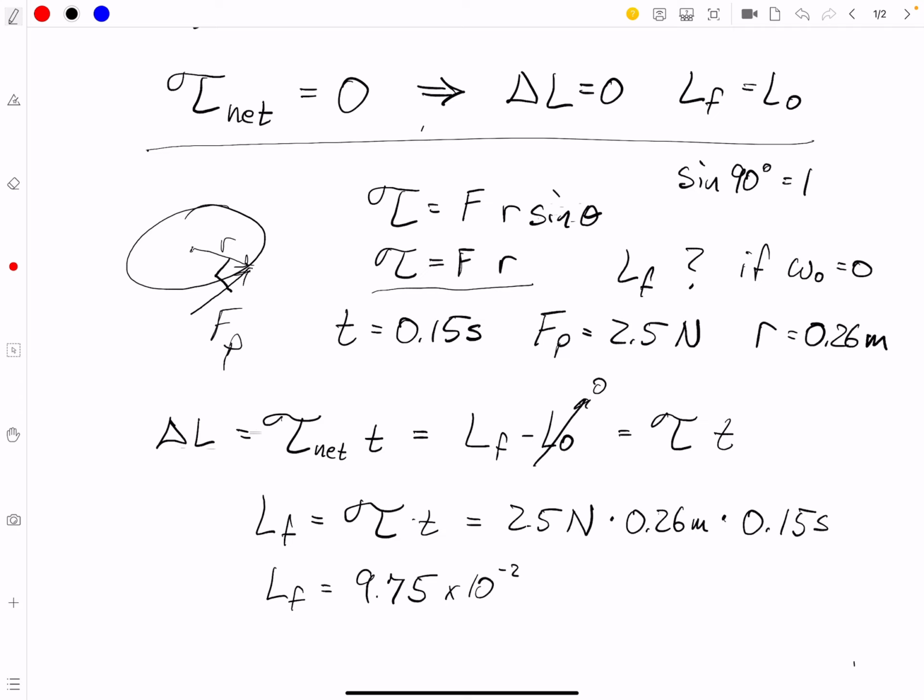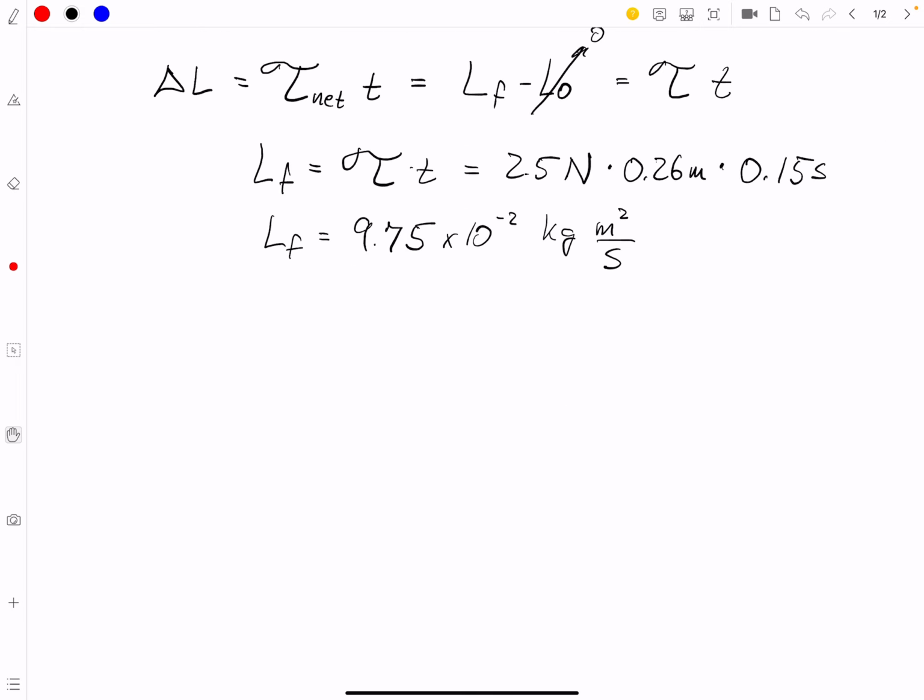And that's a kilogram meter squared per second. Kilogram, I'm just checking my units. Making sure that that's right. And it is. So, great. We're moving forward. That is our answer for the Lazy Susan.